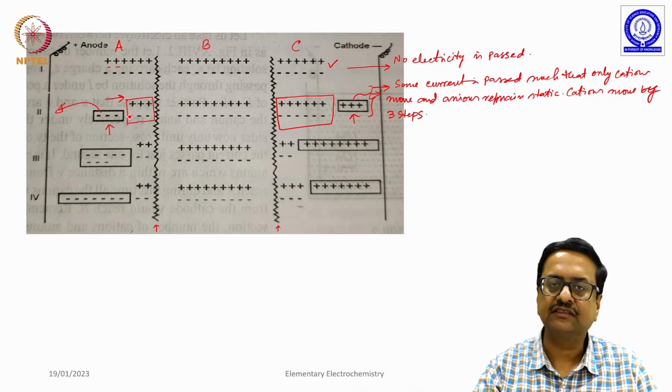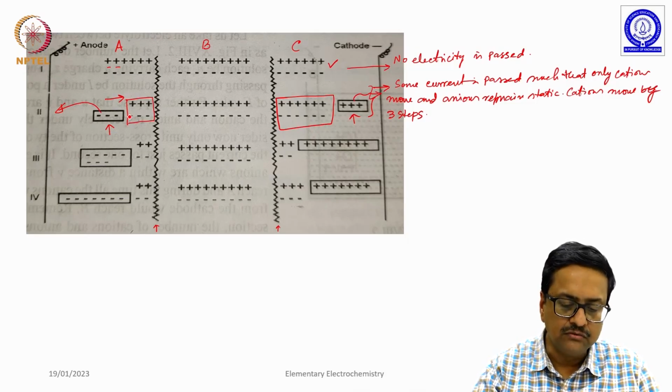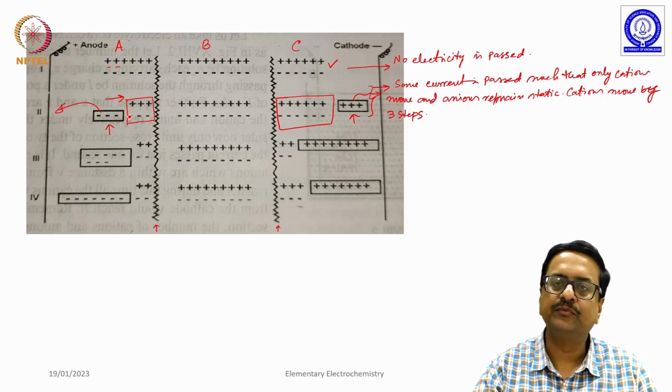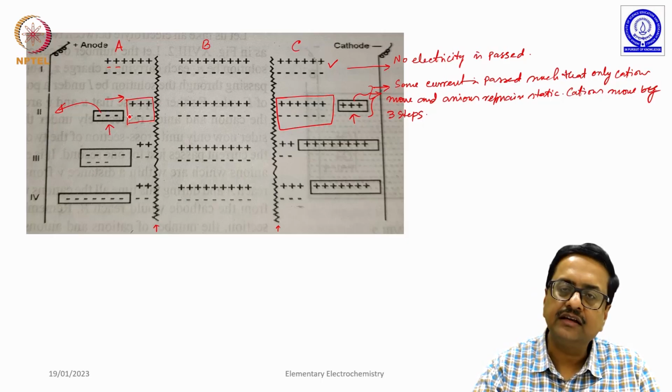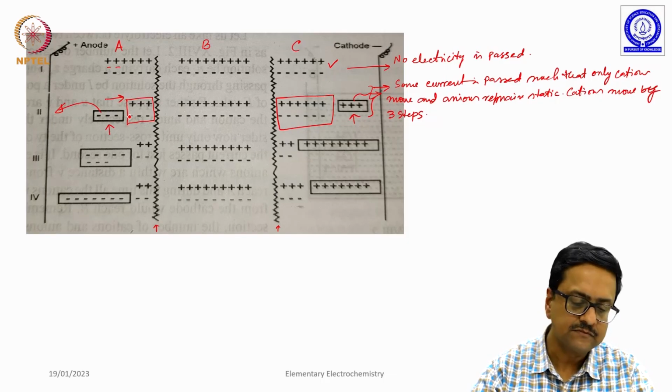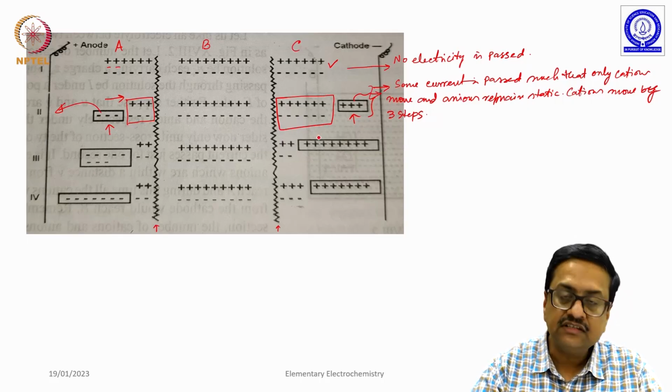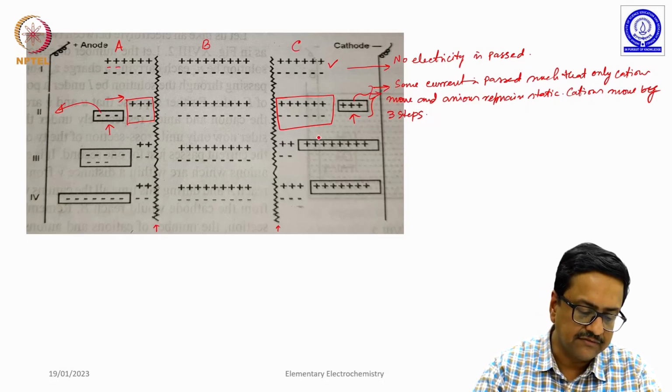This difference has come because of the two ions, one of them has moved and the other did not move at all. So, this is the second condition of assumption.